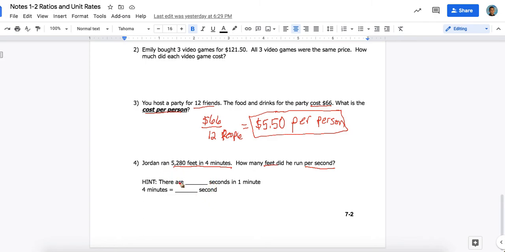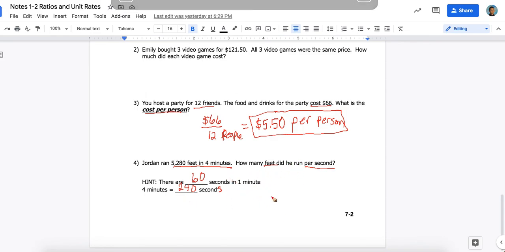So here's my hint. There are 60 seconds in 1 minute. So if there's 60 seconds in 1 minute, then I can take 60 times 4 to figure out how many seconds are in 4 minutes. So 60 times 4 is 240. And let's add an S here. 240 seconds.